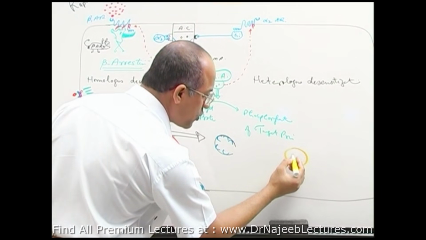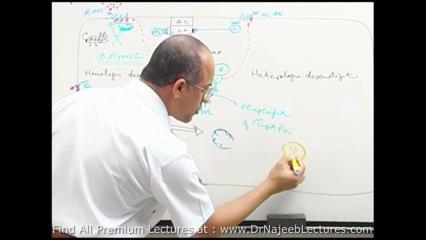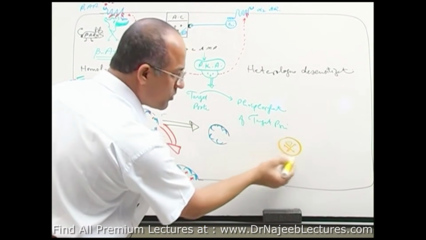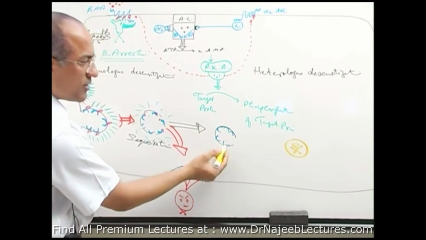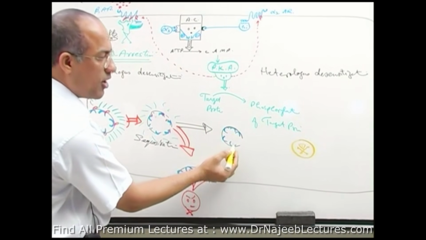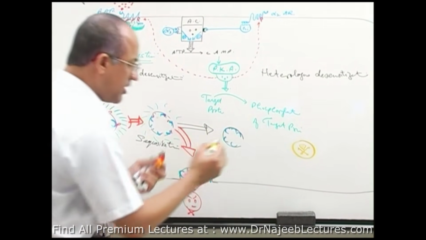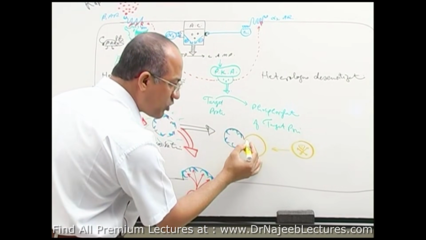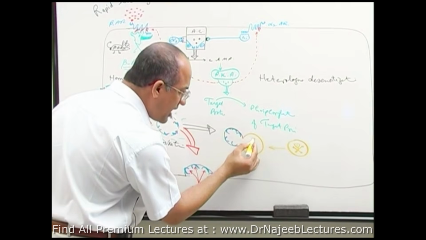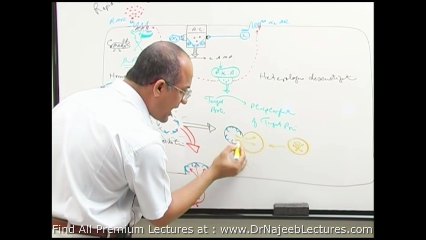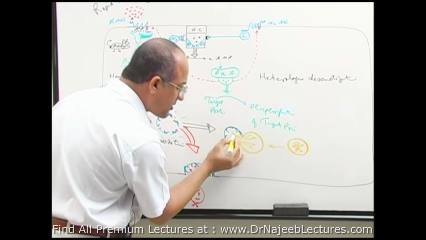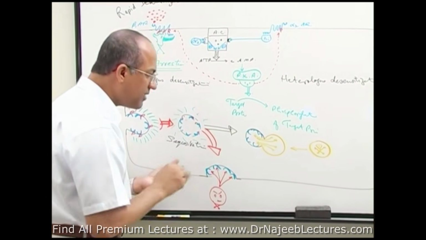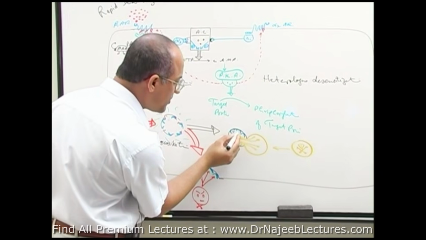These are endosomes. You know lysosomes. Every cell has lysosomes with dangerous enzymes. Eventually, these endocytic vesicles loaded with the receptors will fuse with the lysosomes, and very dangerous lysosomal enzymes will attack the receptors, and then receptors will be catabolized.